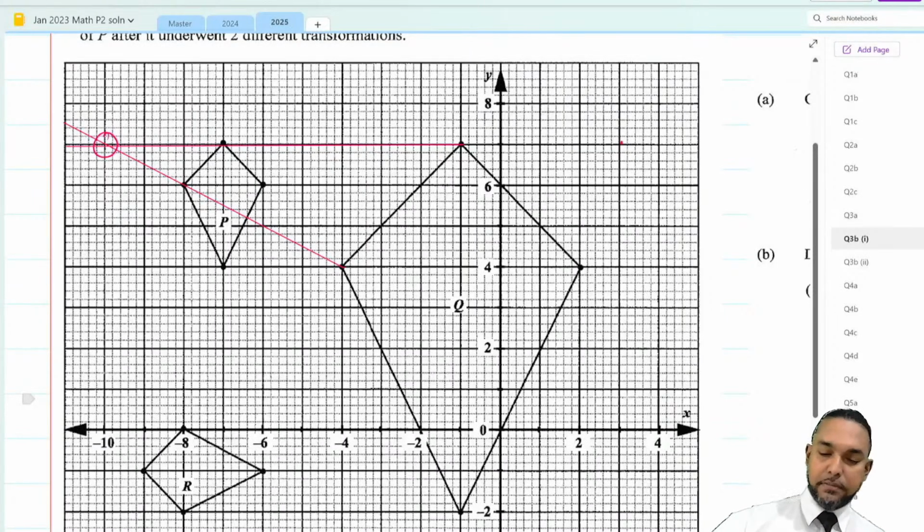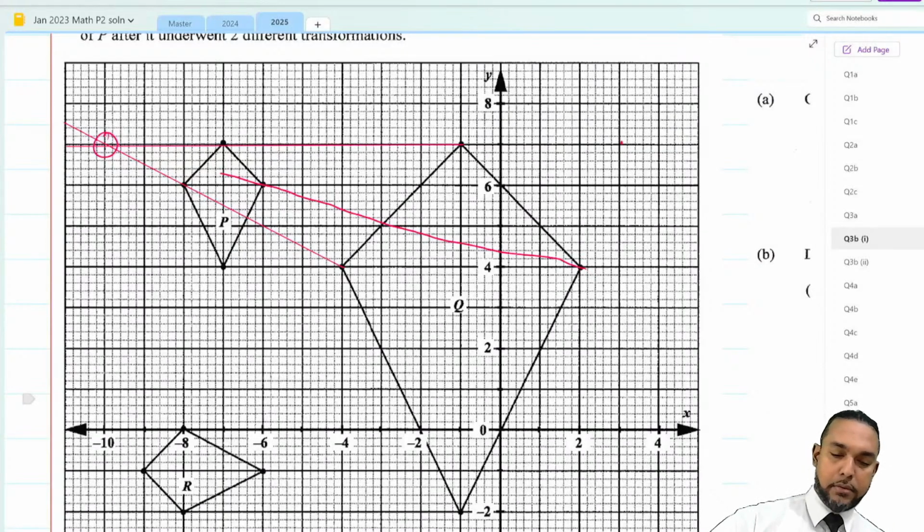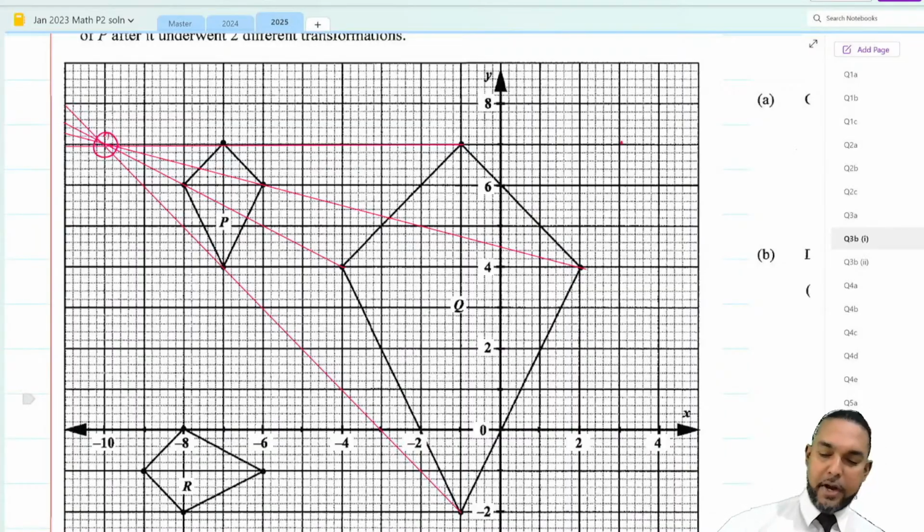Our first line is already there. Let's connect a couple more. Right. So you see we connected the corresponding vertices with straight lines, and where those lines intersected, right?